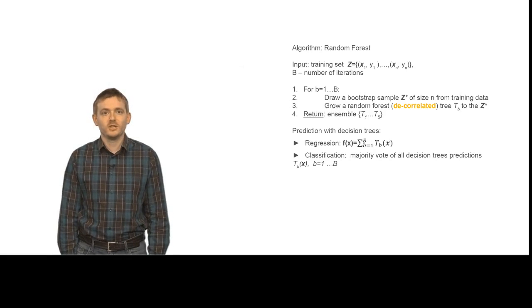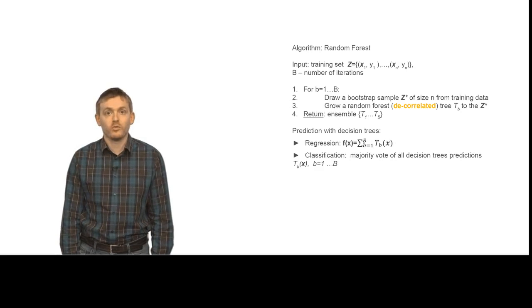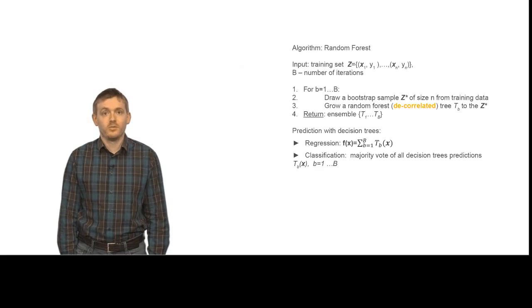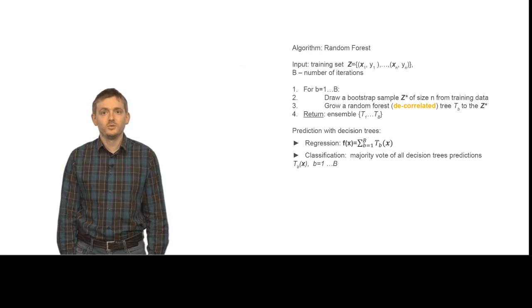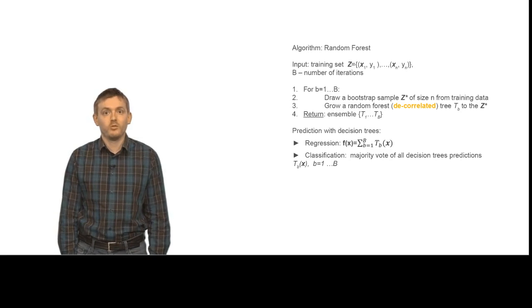At each iteration, you draw a bootstrap sample Z star of size n from the original training set, and then you grow a decorrelated tree T_b on this bootstrapped dataset. Finally, you return an ensemble of all the decorrelated decision trees.